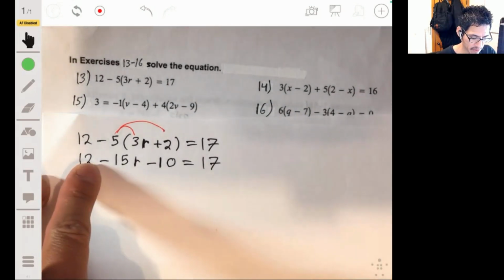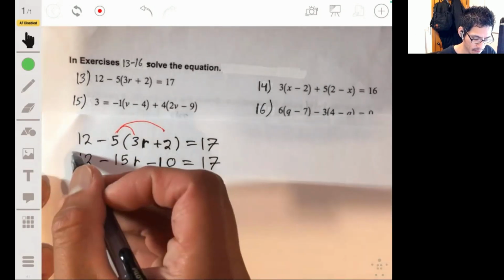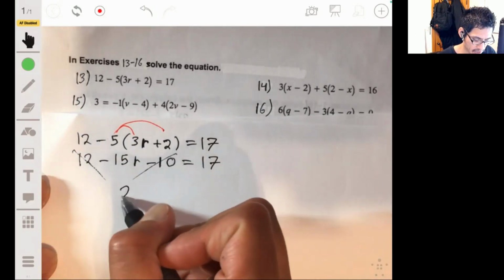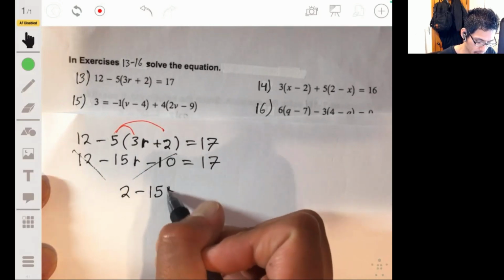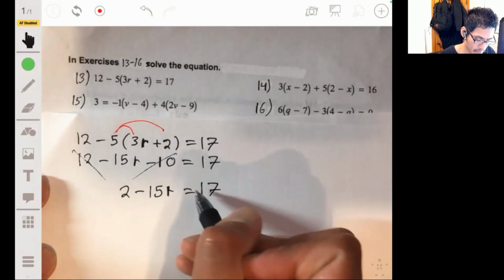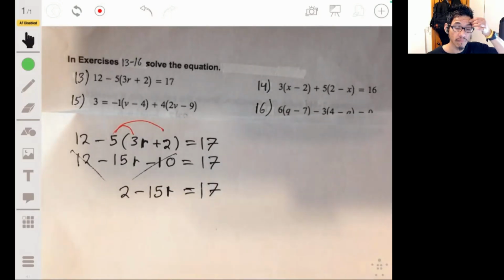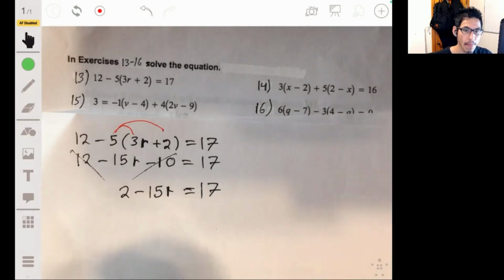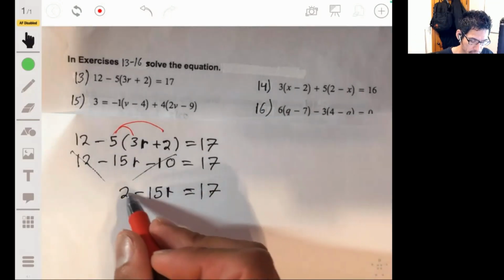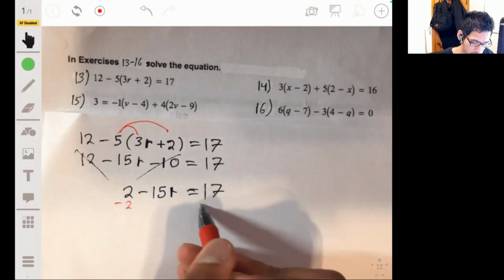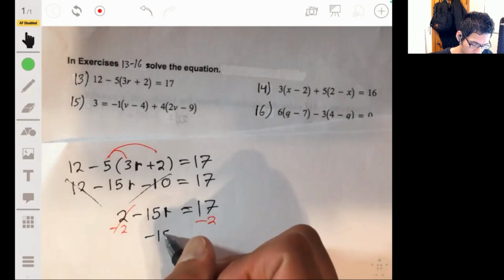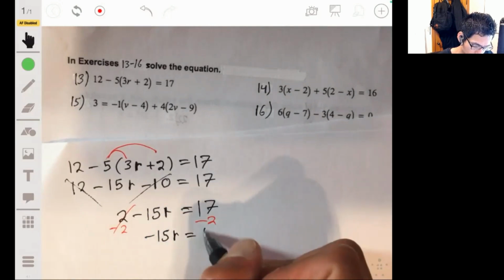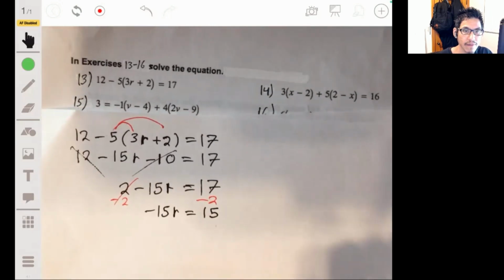Combine these like terms, 12 minus 10 makes a 2, drop the -5r, or minus 15r, equals 17. Take away 2 from both sides. -15r equals 15.